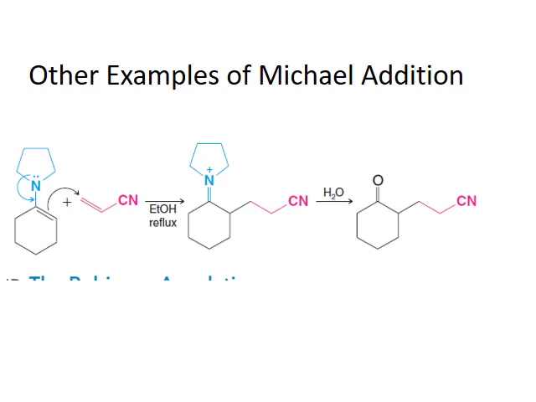If you write the resonance structure of this nitrile, you recognize that the beta carbon has partial positive charge.